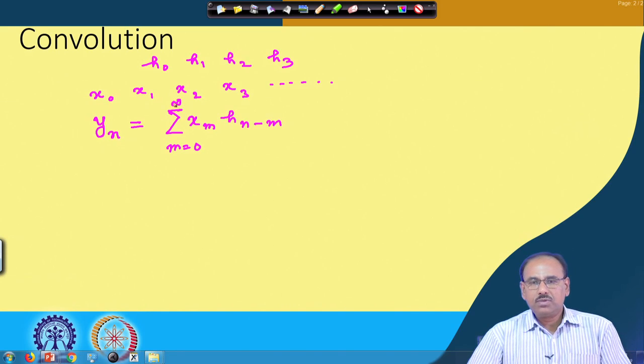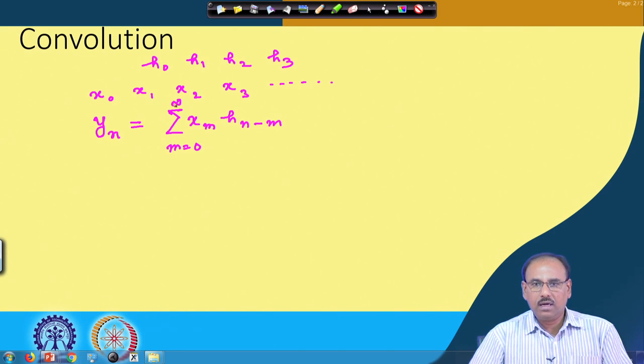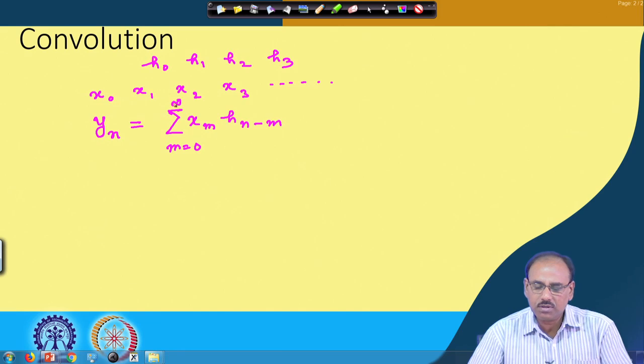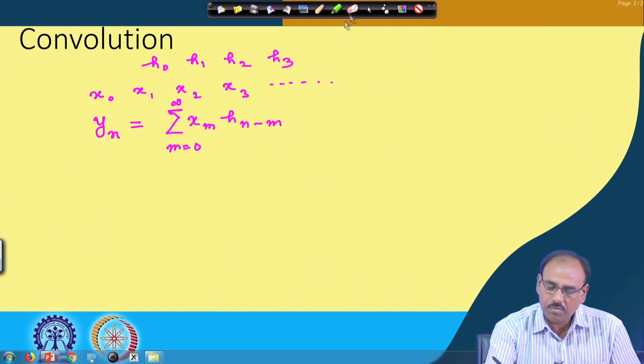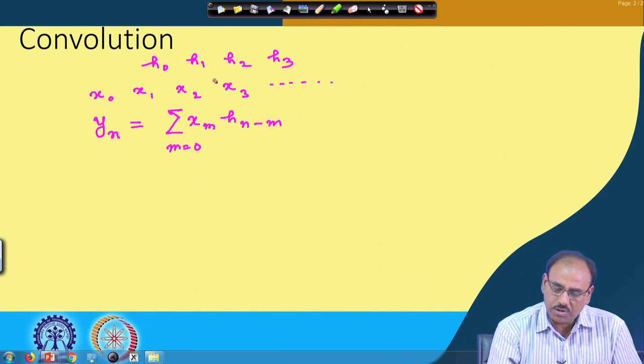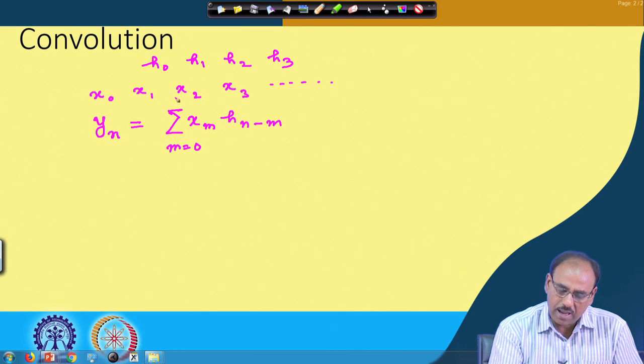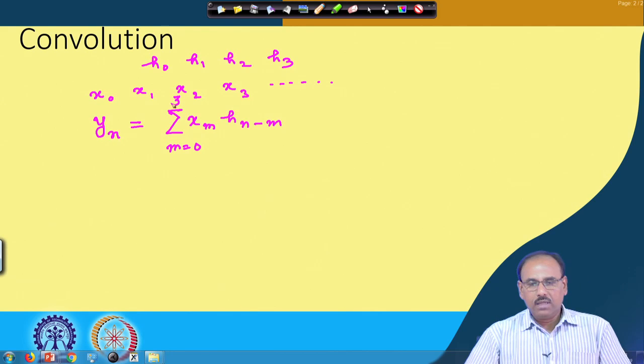Because we are talking about a finite impulse response, m will vary from 0 to 3, as the impulse response varies from h0 to h3.